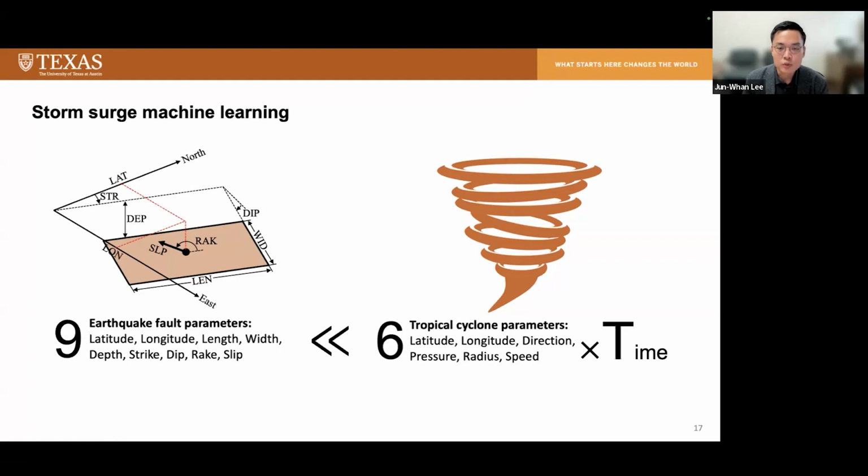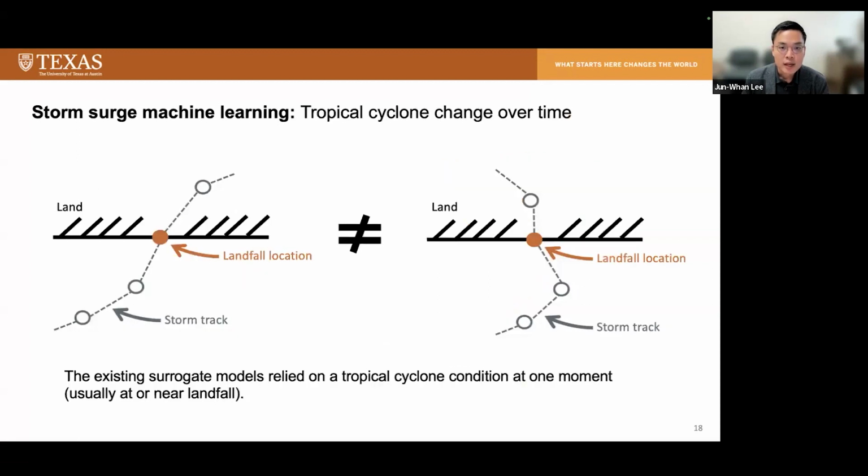Moreover, the storm surge response is very different depending on the geospatial location, and that makes it much more challenging to train the machine learning model with high accuracy. And due to this limitation, none of the existing machine learning studies has incorporated the variation of tropical cyclone conditions over time in the machine learning modeling framework.